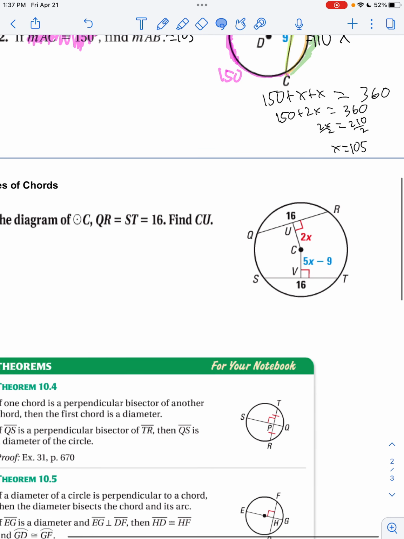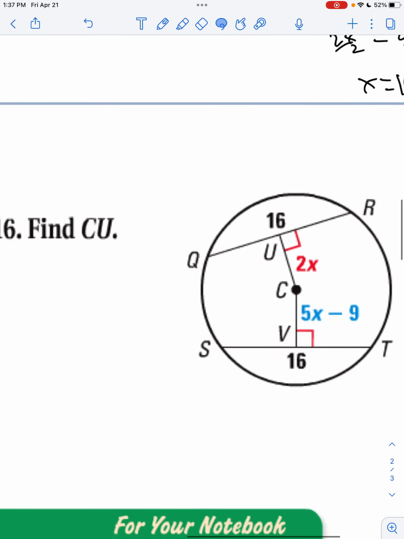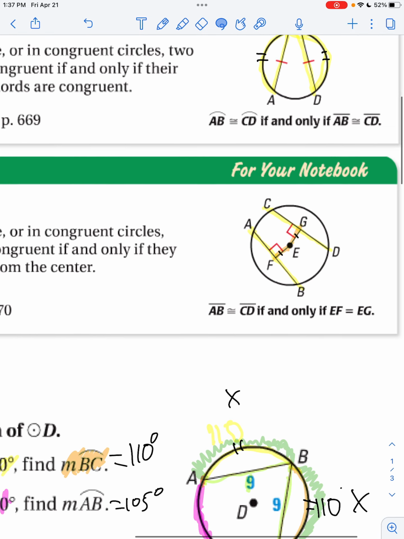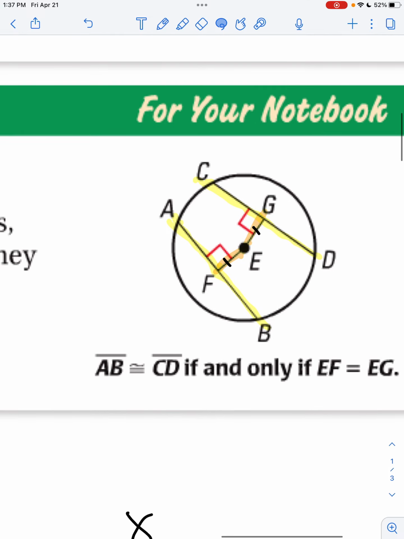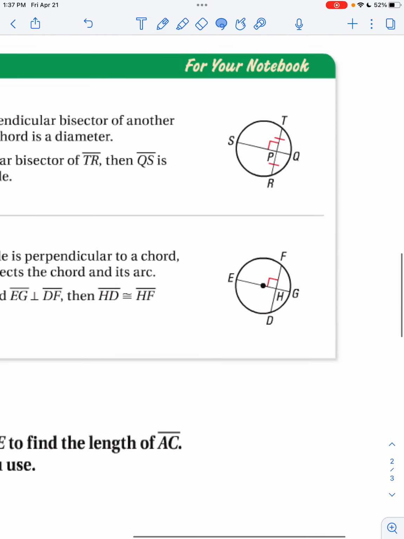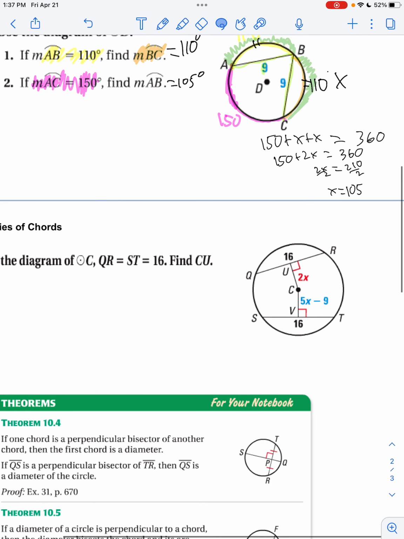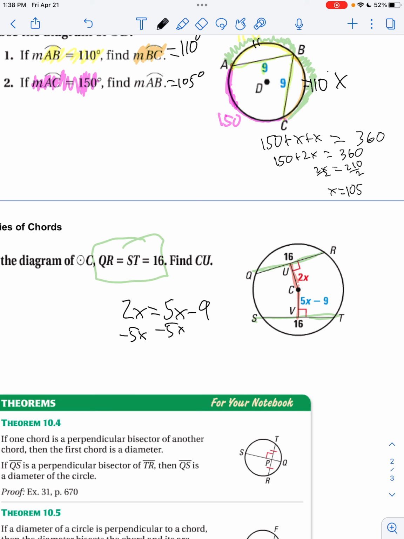Okay, in the diagram of circle C, QR equals ST equals 16, find CU. This is like the second example, where if these lines turn out to be congruent, then we know they are equidistant from the center. Because the directions told us that these lines are the same, that also means these two lines are the same. So I'm going to say 2x equals 5x minus 9. Set them equal to each other.